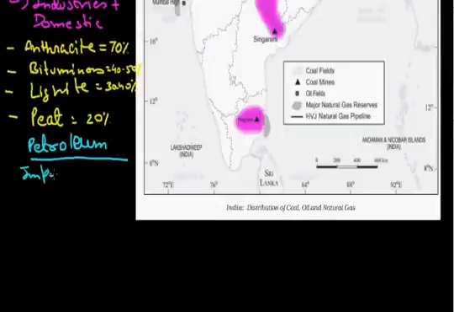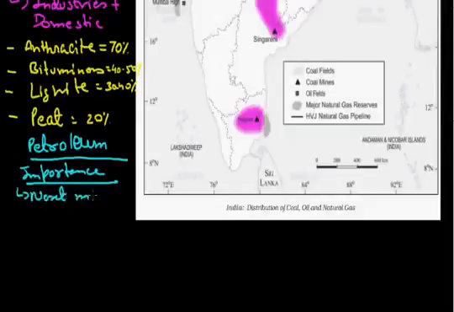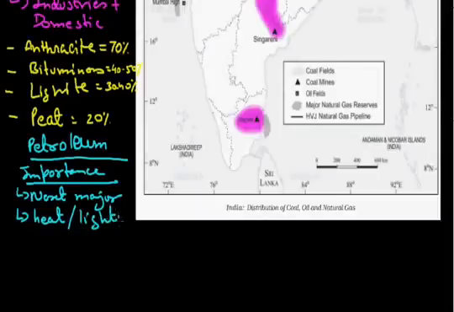Now the importance of petroleum: the first is that it is the next major energy source of India after coal. It provides fuel for heat, lighting, lubricants for machinery, and raw materials for a number of manufacturing industries.